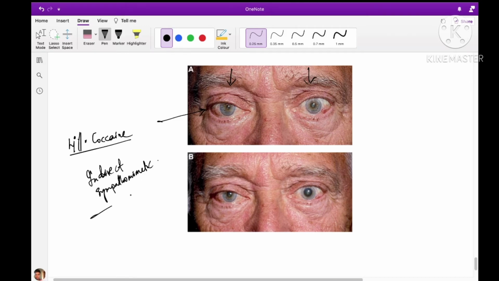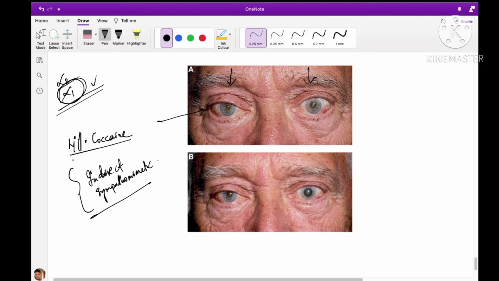The earlier apraclonidine was actually a direct sympathomimetic. It had a weak alpha 1 action and also an alpha 2 action. The weak alpha 1 action worked because of the upregulation of receptors, or denervation hypersensitivity, so we had that effect, or a reversal of anisocoria, right?